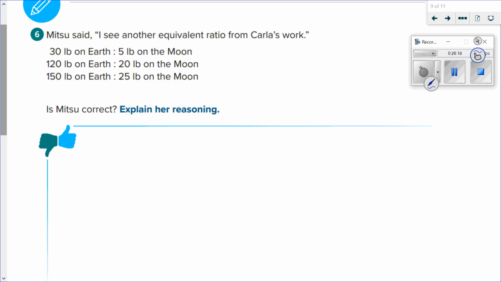All right, is Mitsu's reasoning correct? Yes. Who else agrees that it is yes, she is correct? Does anybody disagree? Okay, who can tell me what reasoning did she use, or how did she find out that 150 pounds on Earth is 25 pounds on the moon?